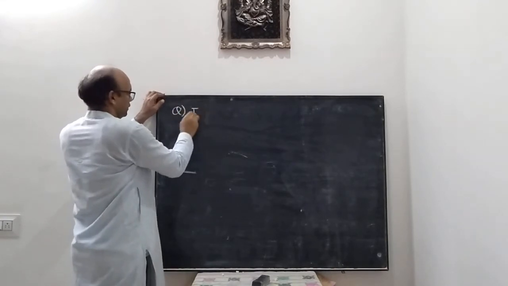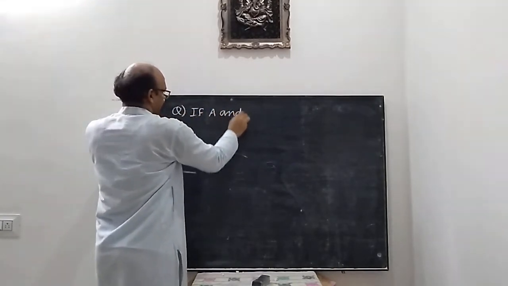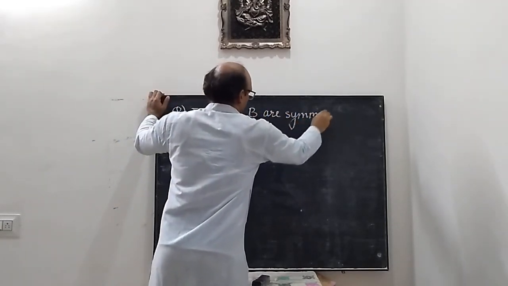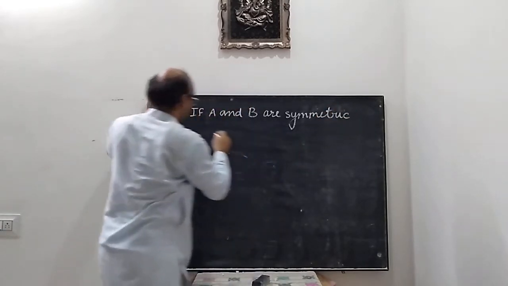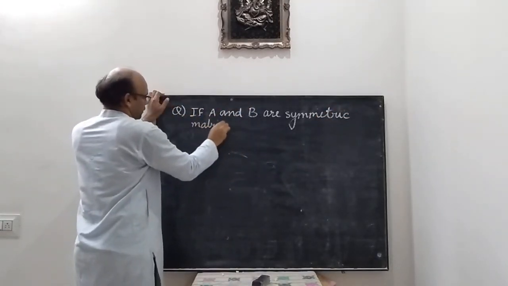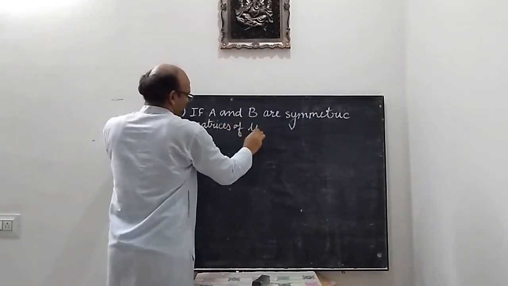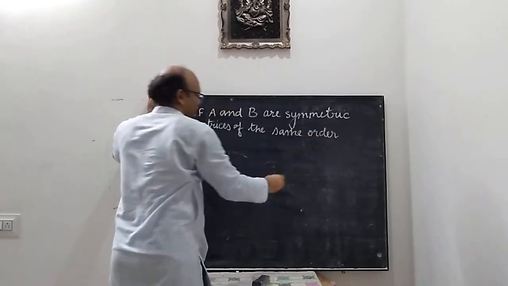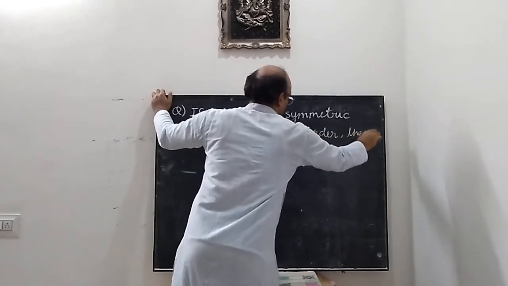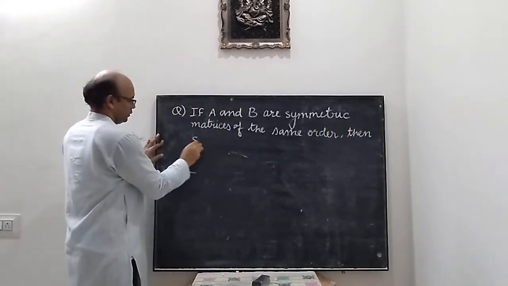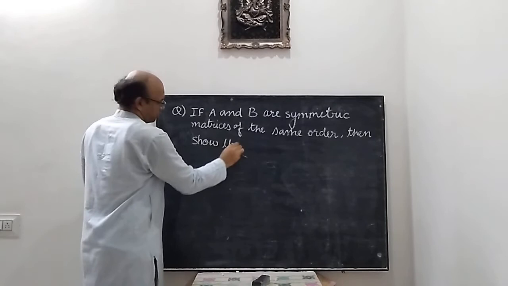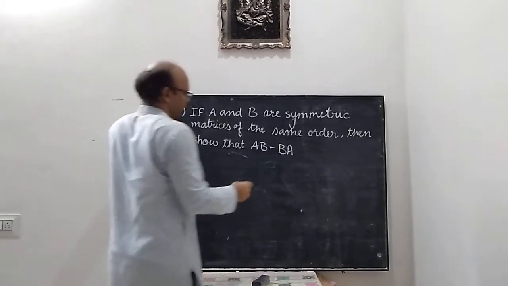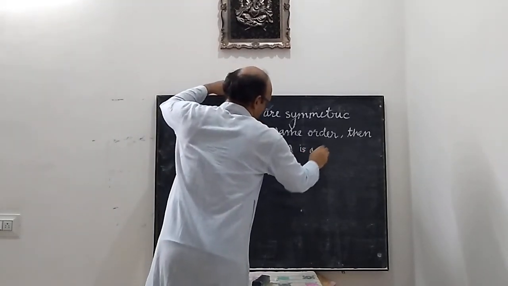The question says: if A and B are symmetric matrices of the same order, then show that AB minus BA is a skew symmetric matrix.